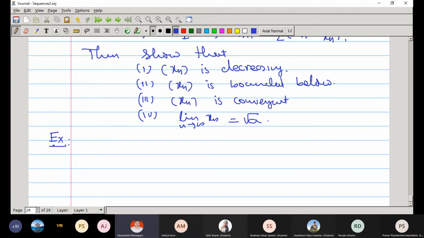So we cannot actually calculate the limit directly unless we ensure that the limit exists, right? So, remark third: if y1 is equal to 1 and yn plus 1 is equal to 2 times yn plus 1, what can you say about this sequence?